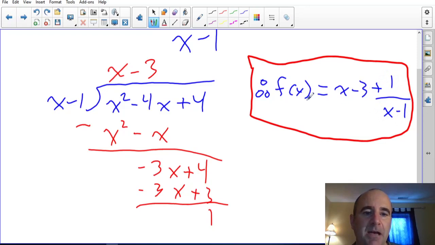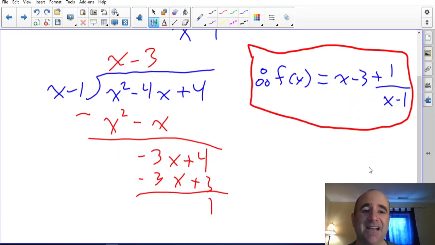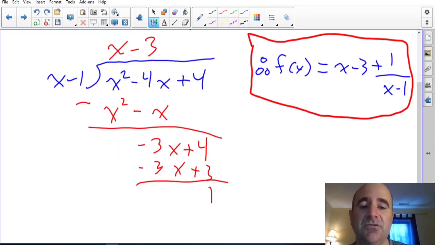And so what ends up happening is f of x starts to look more and more like the line y equals x minus 3, adding just a little bit. Now, if that little bit is positive, the graph's going to be above the line y equals x minus 3. And if that little bit is negative, then the graph will be below the line. So we actually call x minus 3 a slant asymptote or an oblique asymptote.